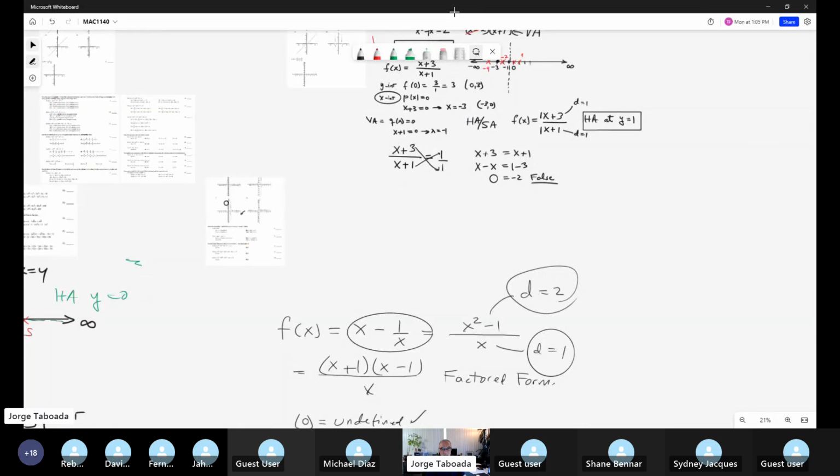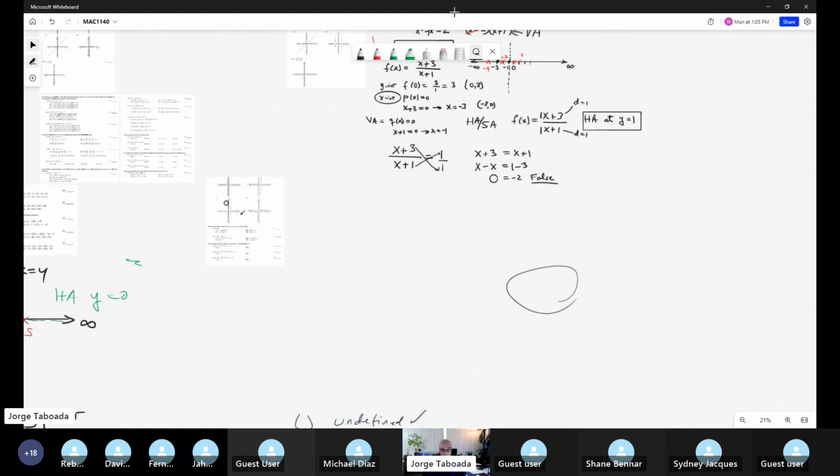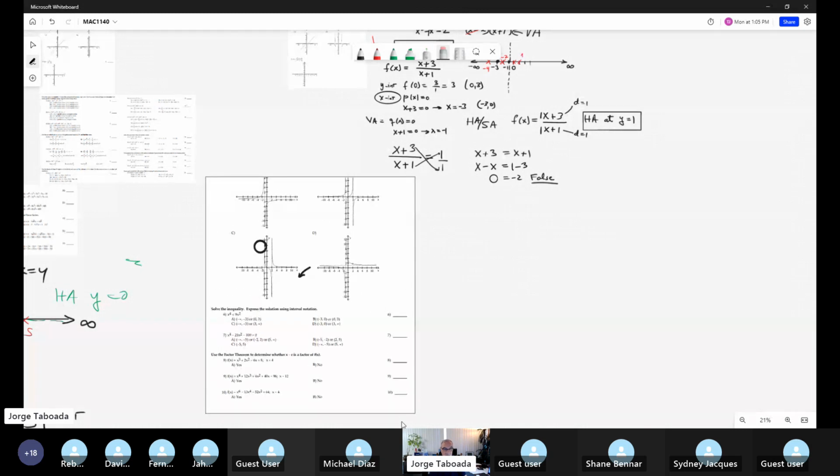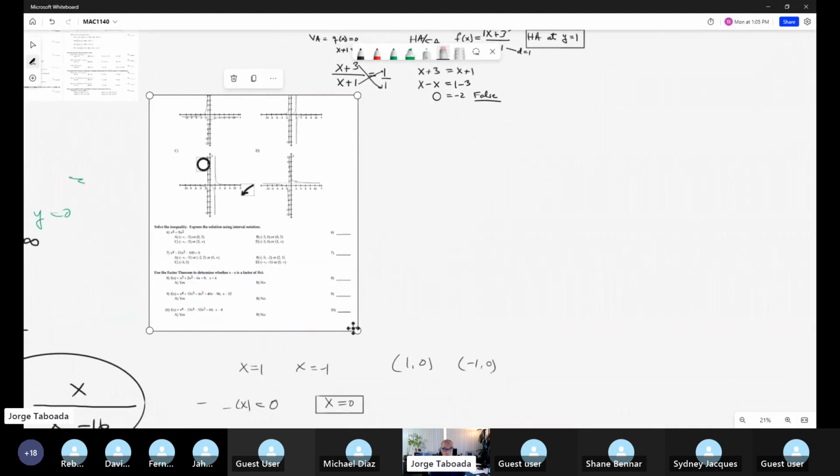I need to organize my web work a little bit, not too much. Okay, we focus on that page. Let me erase that part.